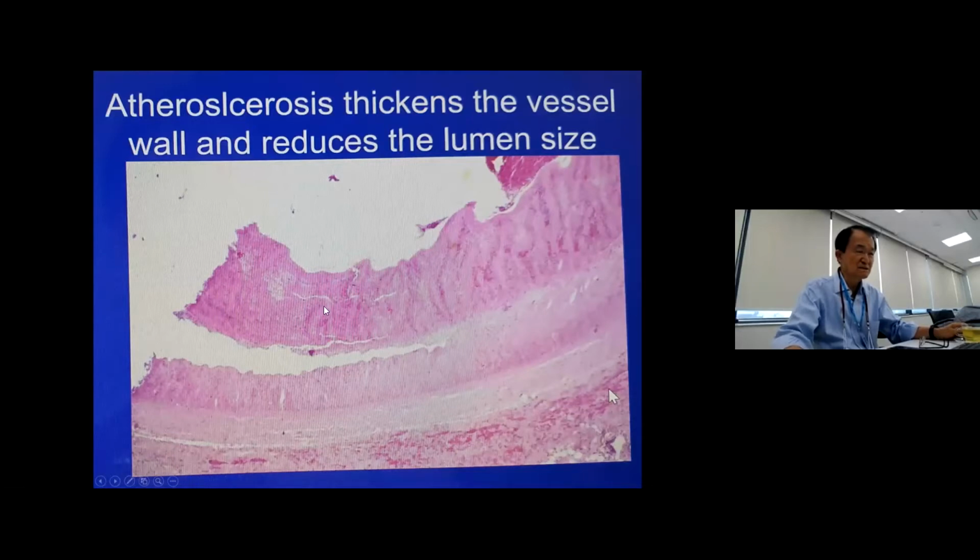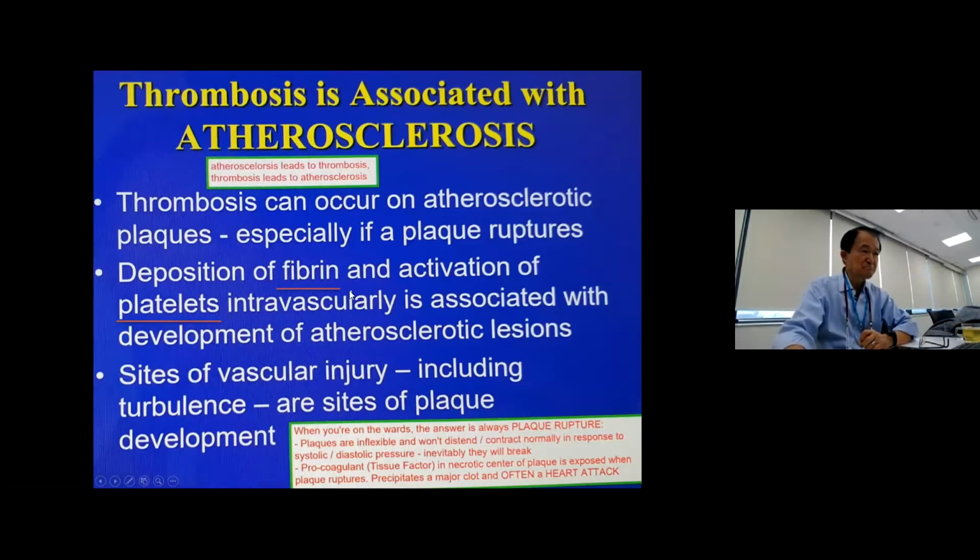Now, atherosclerosis, arteriosclerosis has shown just a thickening of the intima, the wall there, and therefore the lumen becomes narrow. And the thrombosis, as I said, occurs on this atherosclerotic plaque, and then a clinical question is always related to a rupture of this plaque.